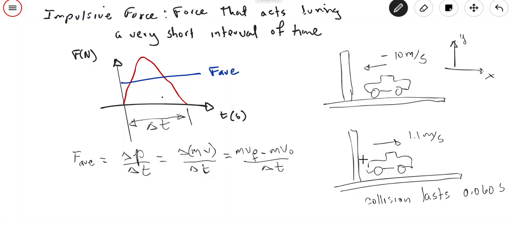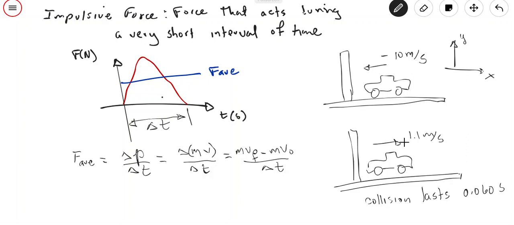Once the car impacts the wall, it's going to rebound, of course, with a lower velocity. Let us say that the velocity in this case is 1.1 meters per second. The time of the collision, let us say, is in the order of 0.060 seconds. So we are talking about less than 1/10 of a second, a very, very short interval of time.